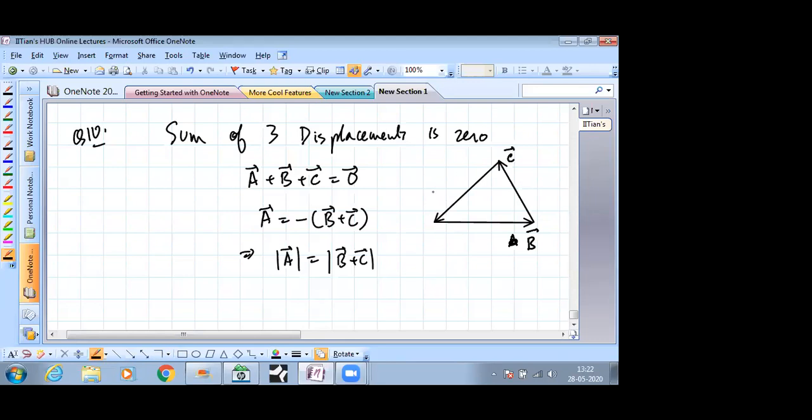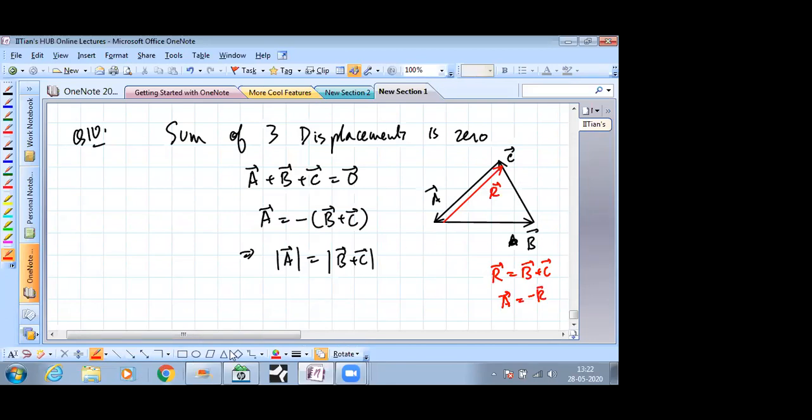So this vector is A, because the vector which is the resultant sum of B and C would have been this vector here. So A is minus of that. In the diagram you can see A is negative of that resultant of B plus C. That's why A plus B plus C is 0.